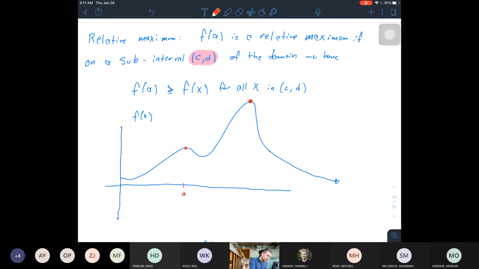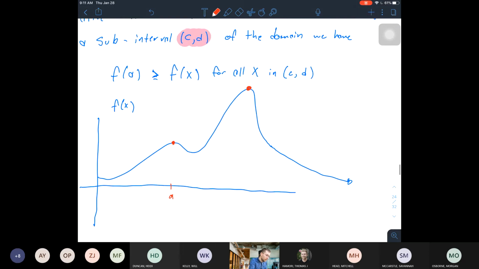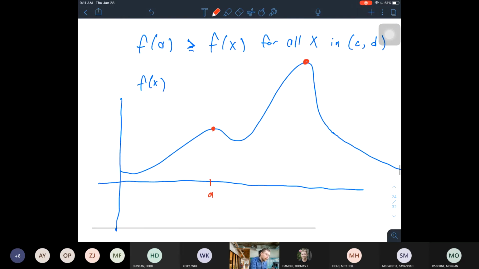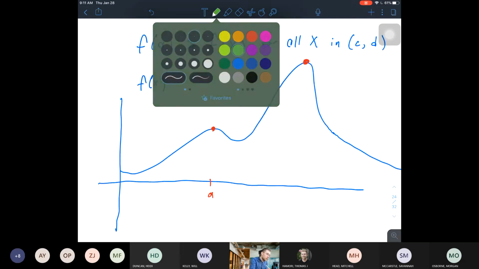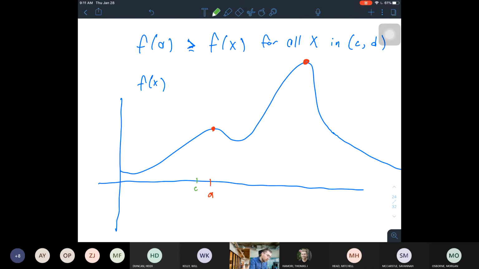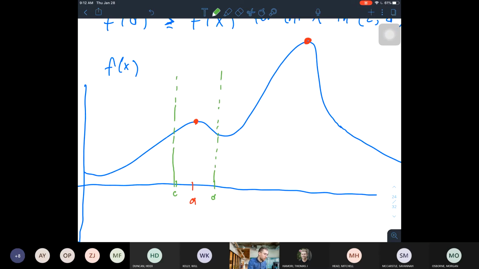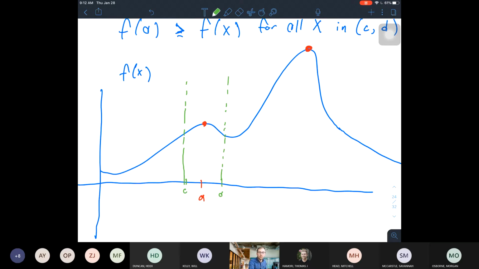If we choose c and d to be really close, and I just look at this snapshot of the function, which is between these two bars, then we do have a maximum at f of a.